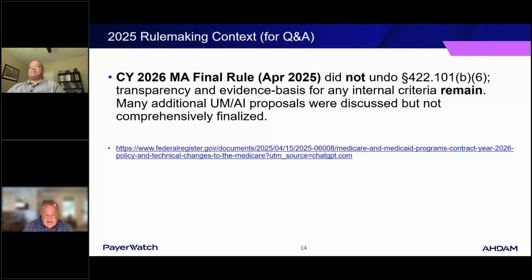The takeaway is that the evidence has to be publicly searchable and available. This is not changing as of the 2025 rulemaking for 2026. I think in all reality, as we move into 2027, 2028, we may see this language shift significantly, but that's speculation at this point. Next slide, Art.